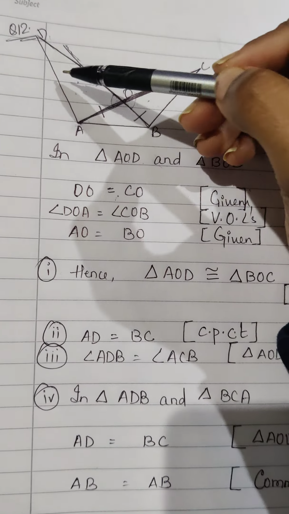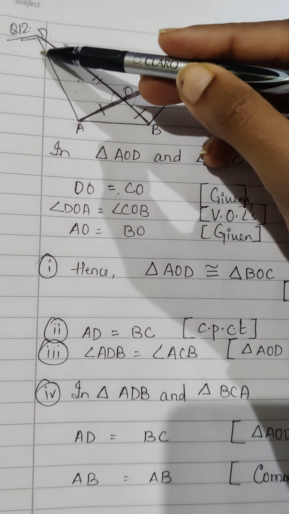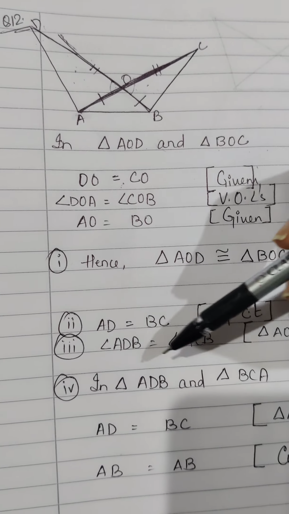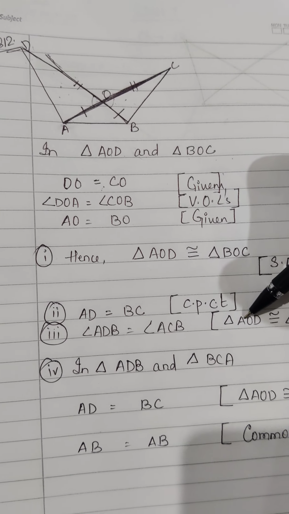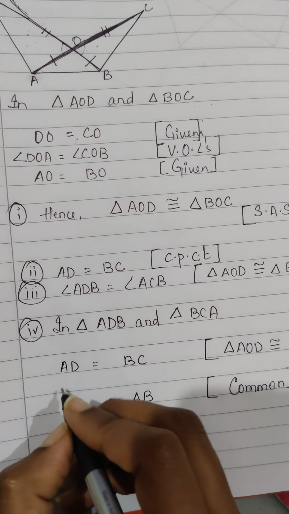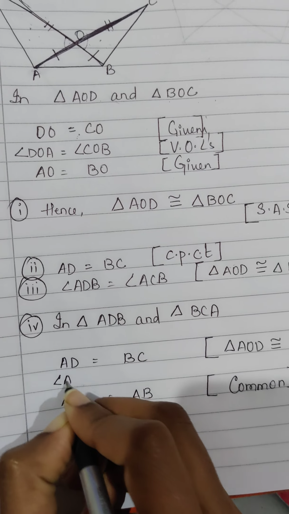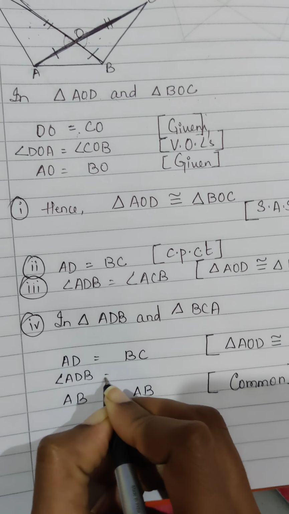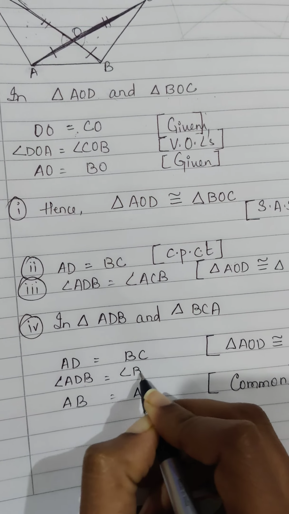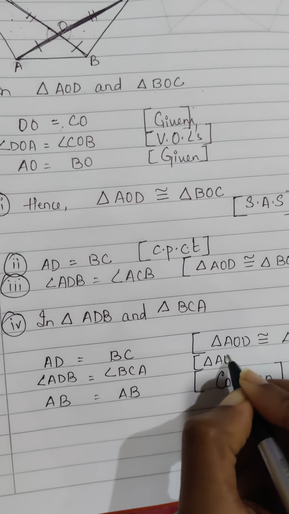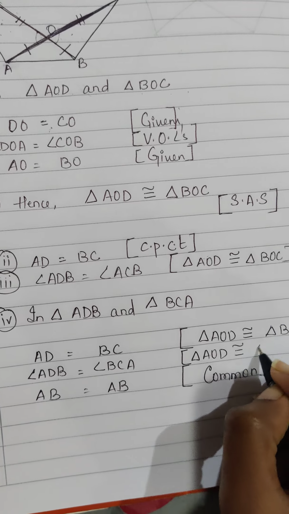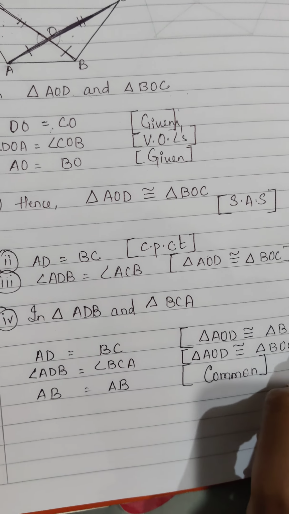Okay, next, if you see this angle D and angle C, just now we have proved they are equal because these two triangles are congruent. So that also we can write. I'm just writing the full name. Angle ADB is equal to angle BCA. The reason will be again triangle AOD is congruent to triangle BOC.